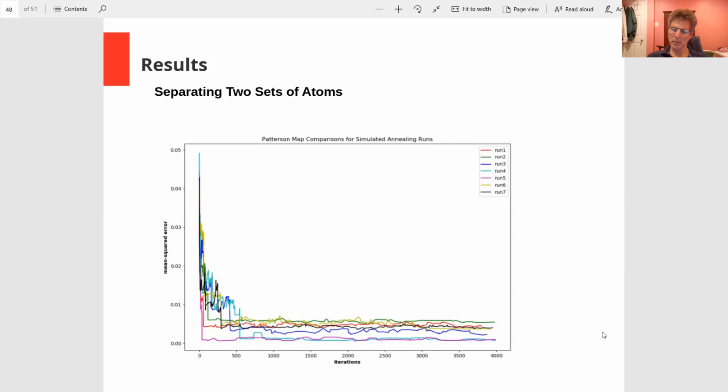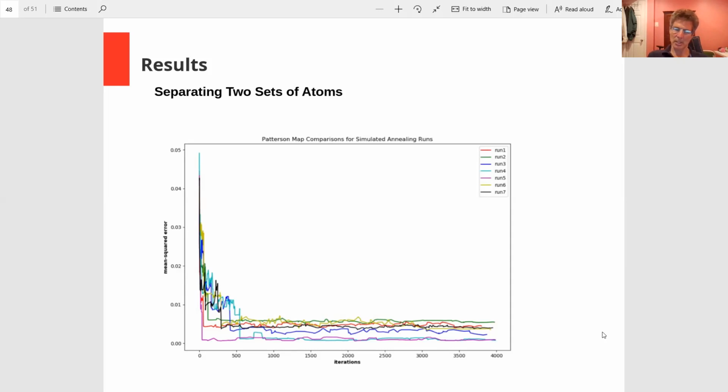So in other words, there's a set of 10. I'm selecting 10 of those at random, and then taking one at a time at random and swapping it out with one that's not in the set, keeping the swaps that improve the similarity between the calculated Patterson map and the true Patterson map, and rejecting the ones where the similarity gets worse.